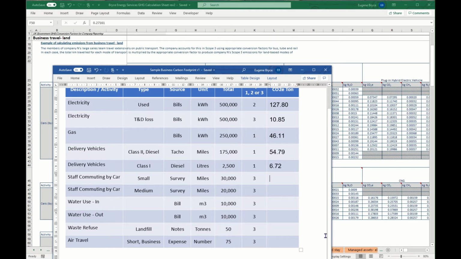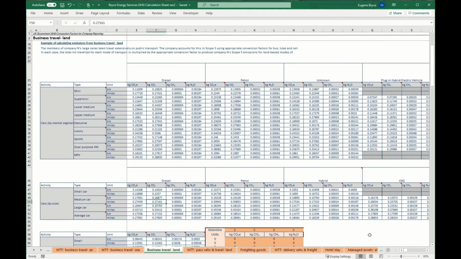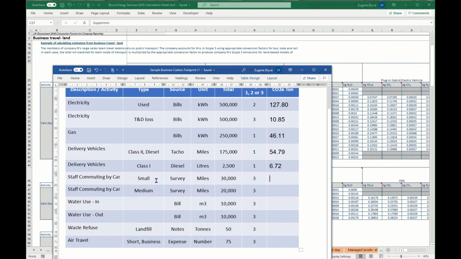So 30,000 for small. So cars by market segment. We'll use Super Mini for small, and I'll just clarify that.